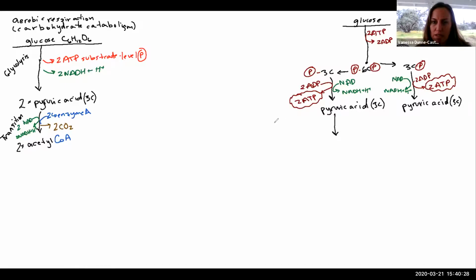So again, this is our transition step where we have a 2-carbon acetyl group that's generated through a reduction oxidation event of that pyruvic acid. So it's oxidation of the pyruvic acid, and that oxidation event is coupled with the donation of that coenzyme A. I'll write it over here.